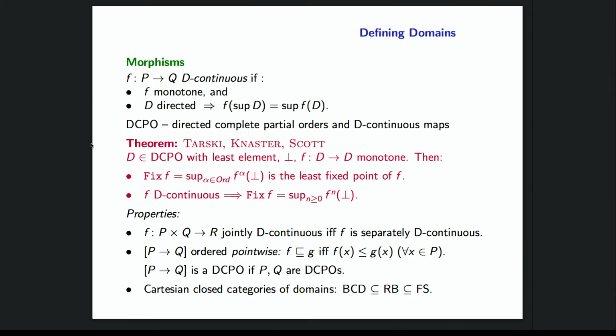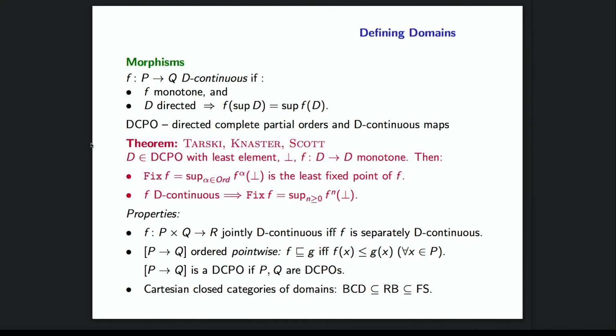So they're partially ordered sets, so the map F ought to be monotone. And I call them D-continuous for directed continuous because I want to know that if I take a directed subset D of P, then F of the sup of D is the sup of F of D. So F preserves this structure of taking the least upper bound of a directed set. So D obviously here is a subset of P. And I'm calling these D-continuous because this is just talking about the order. It's got nothing else mentioned here, although we'll see another version of this in a second.